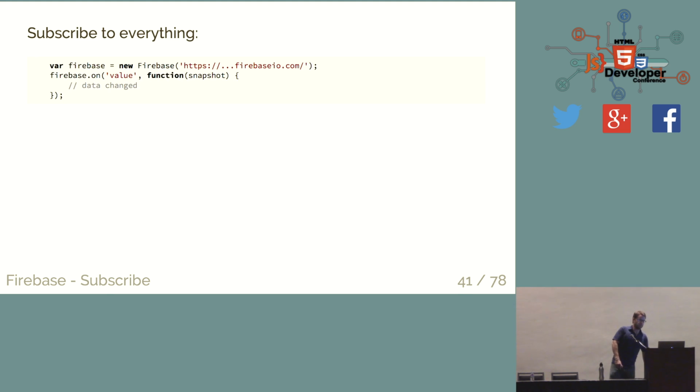Okay. Reading data, we can bind the on value to the root of the entire Firebase instance. And this will load the entire contents of this Firebase instance into memory and keep this node synchronized.